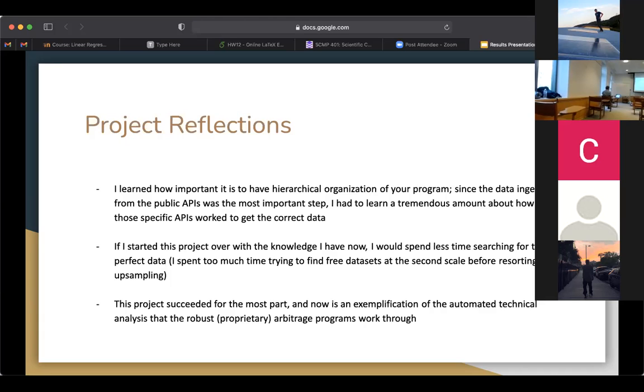I was just eager at least to get the second time scale. But obviously this data doesn't come for free. And finding a free data set like that was impossible. So I lost a lot of time aiming for that when I should have focused on moving the project forward.